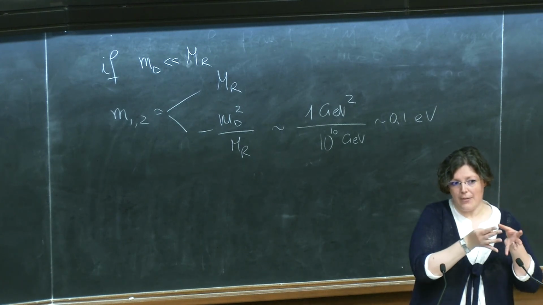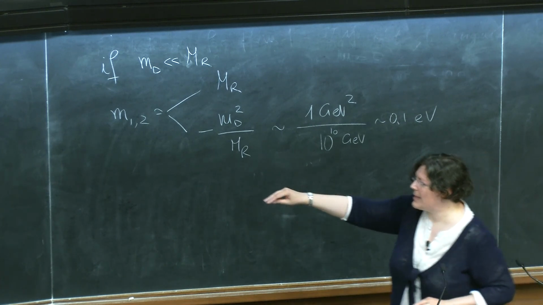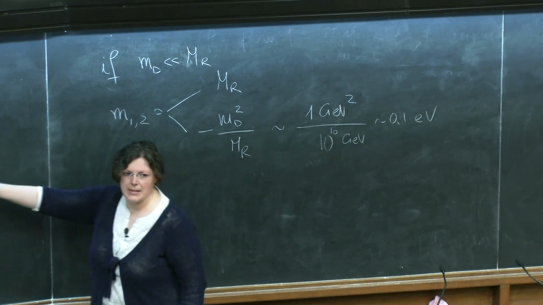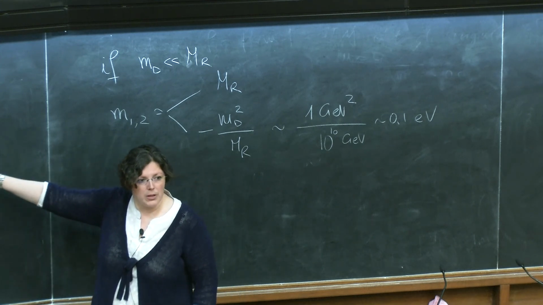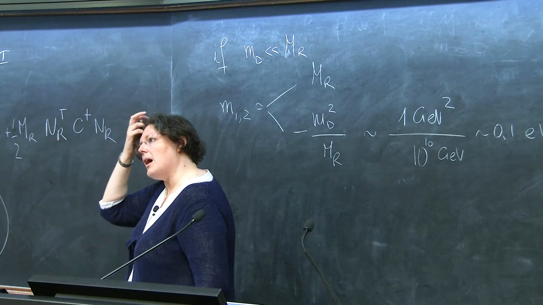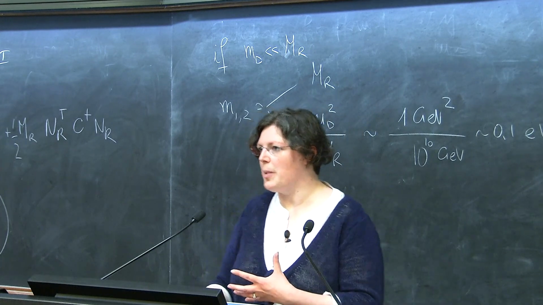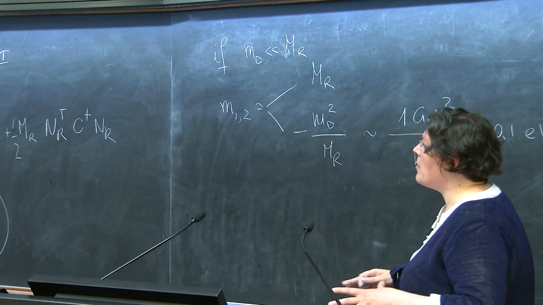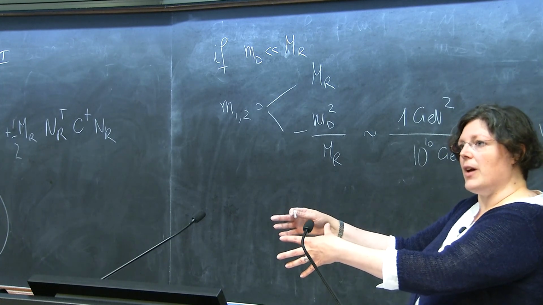So you have nu left, you have to introduce a nu right. Once I introduce a nu right, this mass term is unavoidable unless I impose some symmetry to avoid it. It's not the case. It arises by the Higgs sector, which breaks the left-right symmetry. And even more so, I can embed this in a GUT theory such as SO(10).